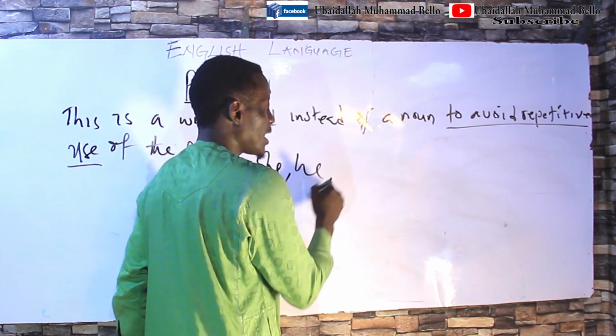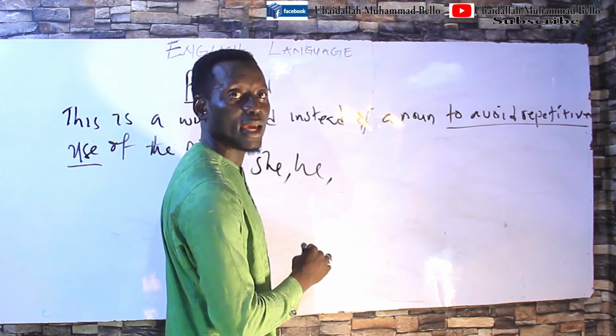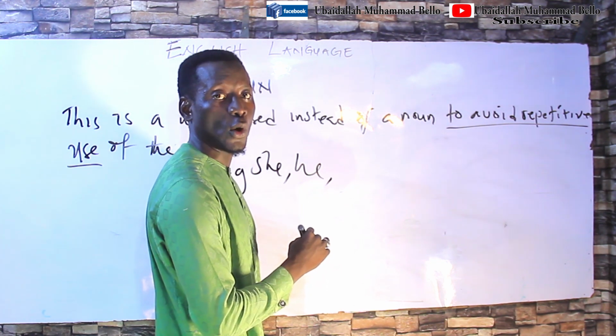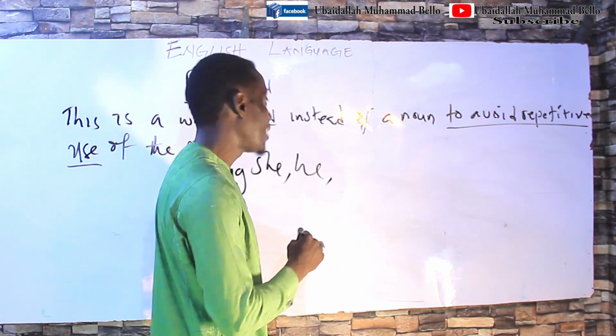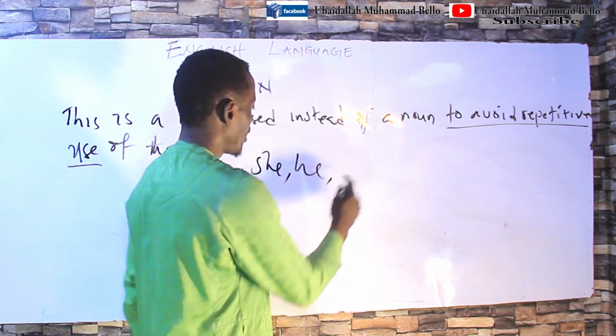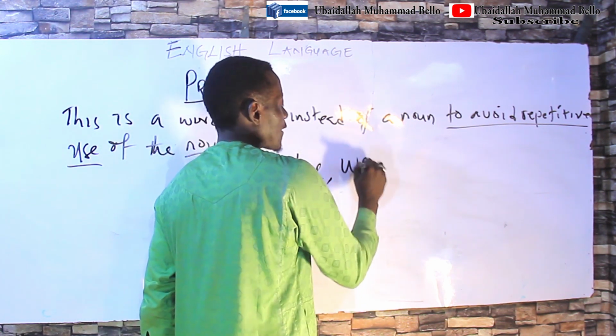Okay? You have he when you mention John and you are using he to avoid the use of John. It is also another example of a pronoun. You're talking about we.